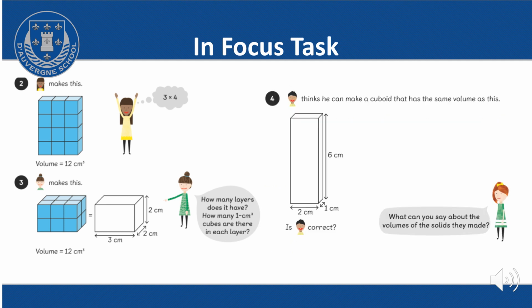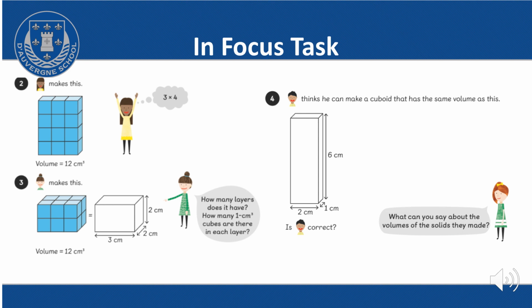Now, if you look on this slide, I've just copied what Lulu and Emma had there. Ravi thinks that he can make a cuboid that has the same volume as what Lulu and Emma have done. So he thinks that he can make a cuboid with a volume of 12 centimetres cubed.